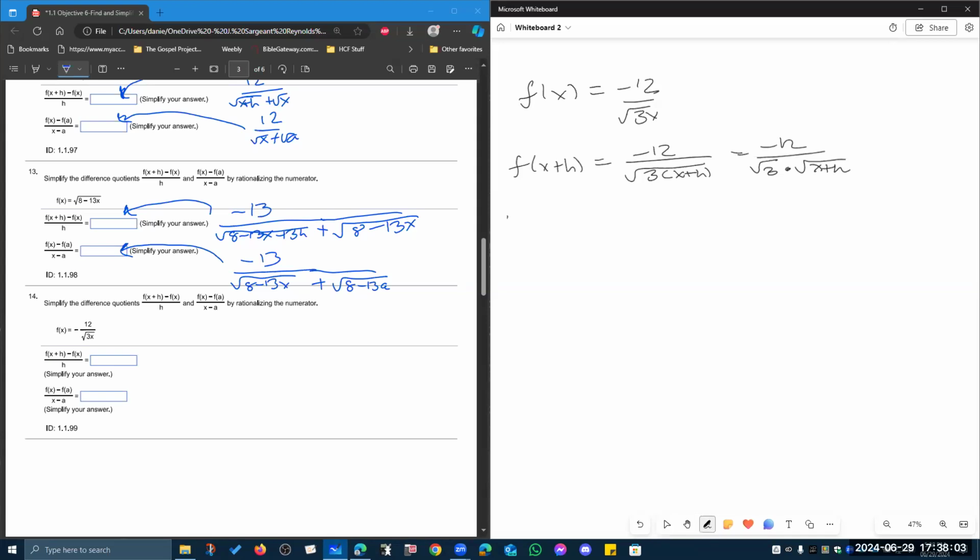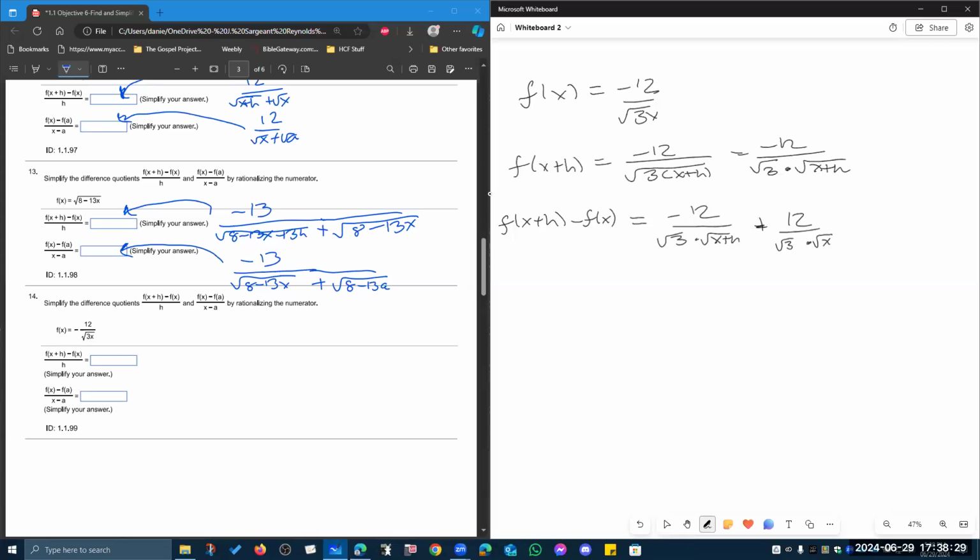And so f of x plus h minus f of x is going to be equal to negative 12 over root 3 times root x plus h minus the original. So minus a negative is a positive. This is root 3 times root x, like that.